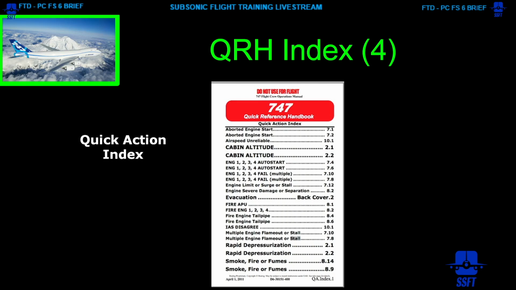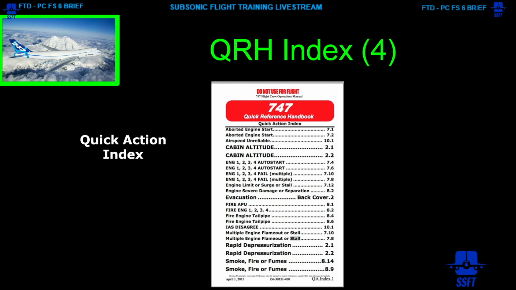But normally, if we get the trigger of cabin altitude, then we're going to initiate an emergency descent. You'll notice smoke, fire, fumes is not in all capital letters. It's not an ICAS message. We just know that we may smell smoke. We may see smoke, we may smell fumes, we may have a fire on board, in which case you don't necessarily get an ICAS message for that.